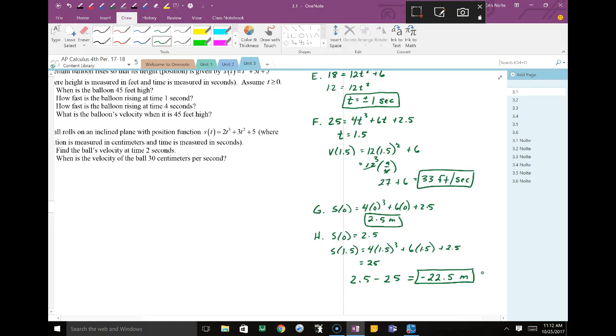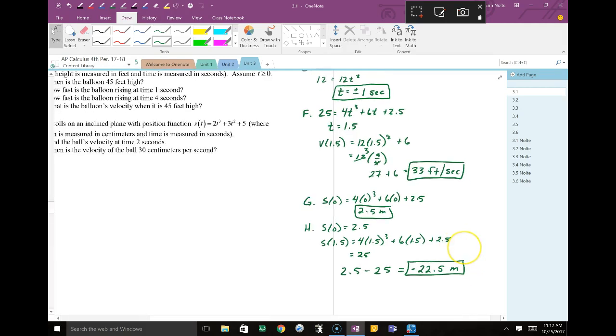How's that? Sound good? In question F, Jaden told me that when you solve it, it's 1.5. Oh, 1.7 for letter F. Can somebody verify F?